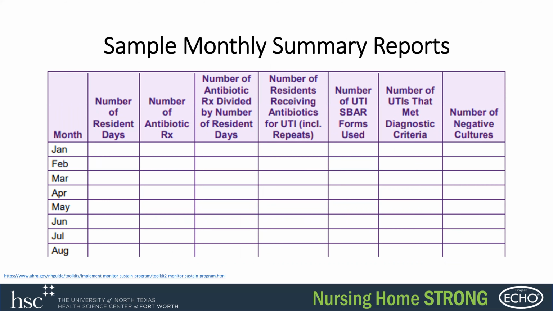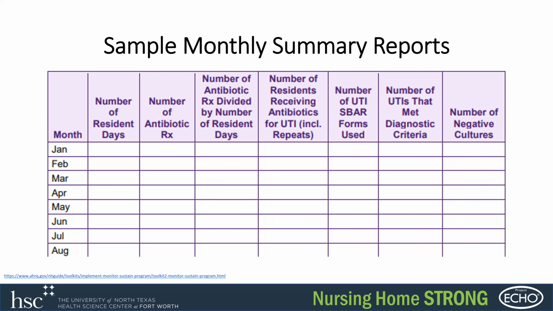Ken mentioned as well the importance of having monthly reports. This tool is from AHRQ. It has the suggested categories of information that you want to think about tracking and trending on a monthly basis. Again, this is just an example. This might be a good place to start, and then adapt these based on what your program team identifies as the goals of your facility.